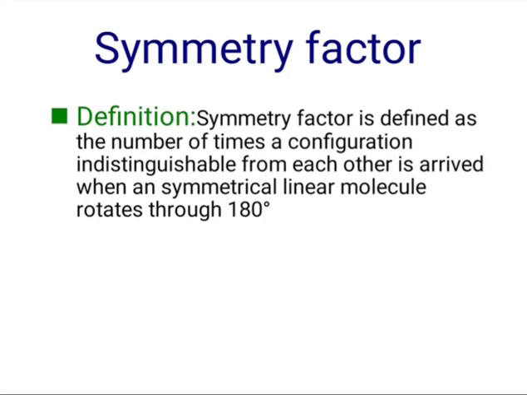And the new term included in the definition of the rotational partition function is the symmetry factor. The symmetry factor is defined as the number of times a configuration is indistinguishable from each other, arrived at when a symmetrical linear molecule rotates through 180 degrees.